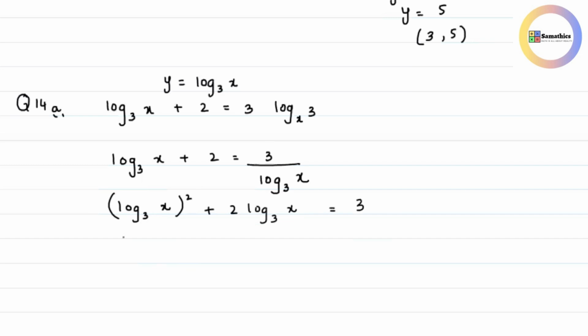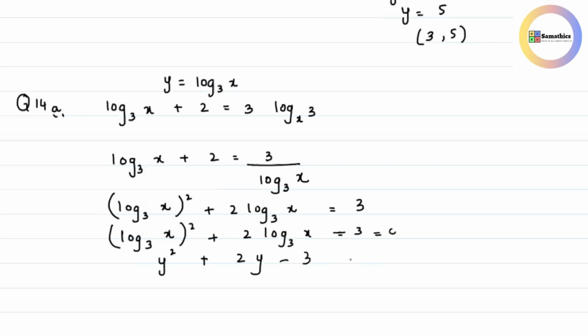So it is (log base 3 of x) whole squared plus 2 log base 3 of x is equal to 3. So you can take it as y, because we have given log base 3 of x as y, so this will become y squared plus 2y minus 3, it has to be minus 3 here, is equal to 0.